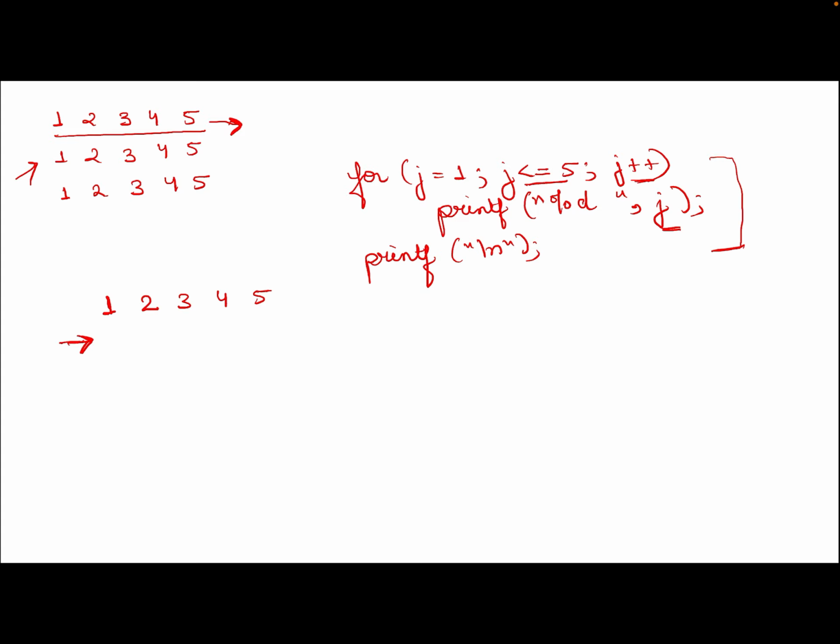So that will be my outer loop. For i is 1, i less than or equal to 3, i plus plus. Is this okay? So this pattern will be printed 3 times.